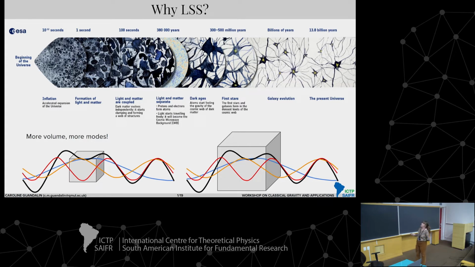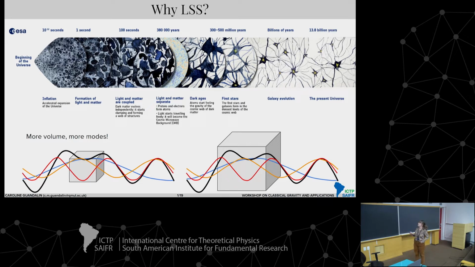Basically, with the large-scale structure, the interesting thing is that we have a huge volume of the universe that we can map, if you compare it with the almost two-dimensional maps that you can have from the CMB. This is a lot of volume. And with more volume, we can sample more modes, and we can sample larger modes in a better way than if you are stuck with a small volume of the universe.